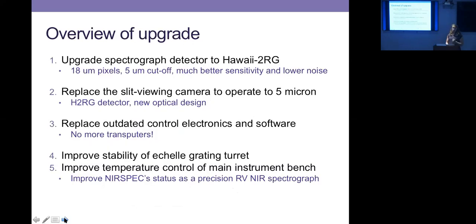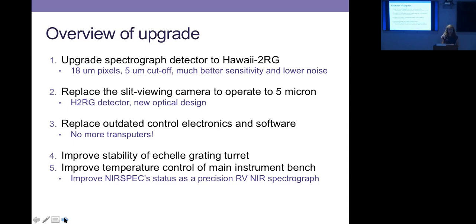The first and most important thing is that we want to upgrade the spectrometer detector to a Hawaii 2RG from Teledyne. The current detector is an Aladdin 3, and it's got 1024 by 1024, 27 micron pixels. But the new detector is going to have 18 micron pixels, so smaller pixels. It's still got the 5 micron cutoff, but it's got much better noise sensitivity. And so it's going to overall be a much nicer detector.